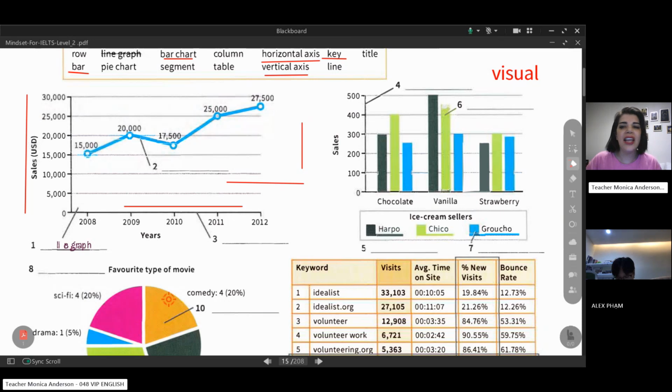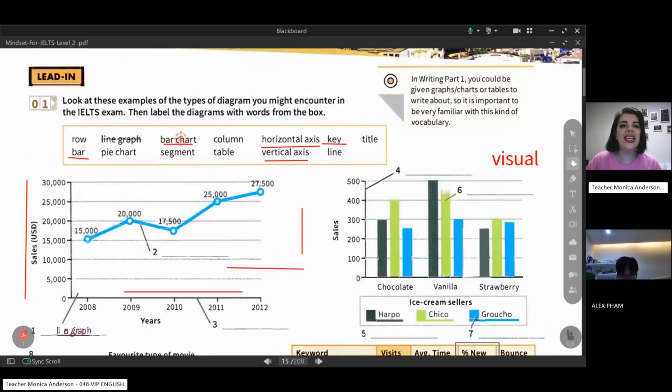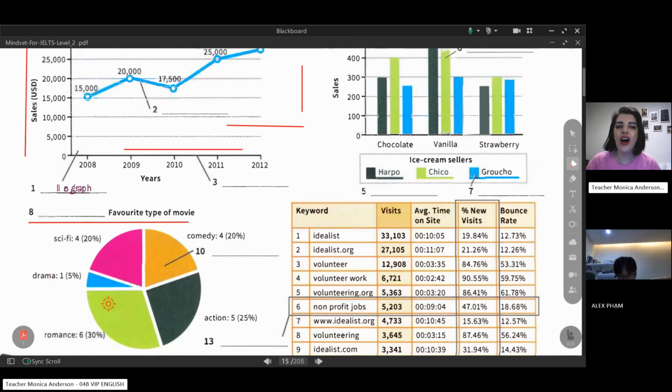It helps us to write on the chart or diagram. Okay, now let's keep going. As you can see here, this is the title of this pie chart, the title, the topic. So, favorite type of movie. What is the chart about? What is the visual about? Type of movie. So this is your title.